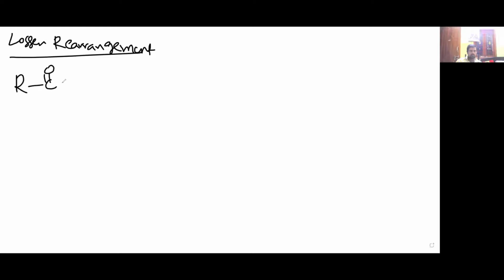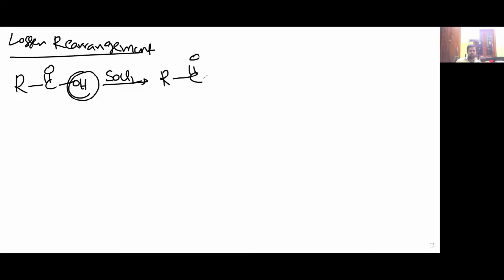Okay. So the next reaction is the Lossen rearrangement. What is that Lossen rearrangement? RCOOH is treated with SOCl2. I already told you in today's class only, OH is converted to Cl.